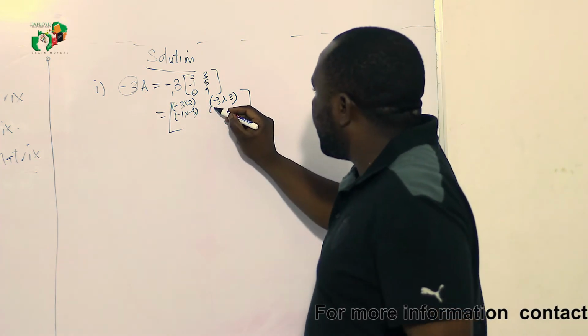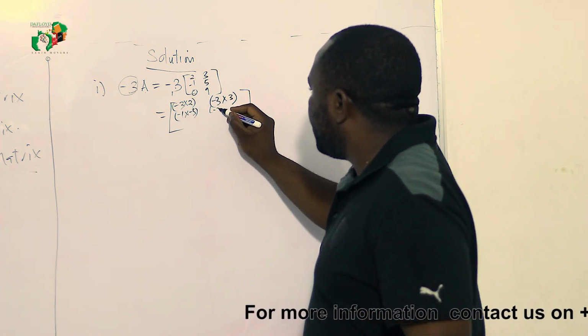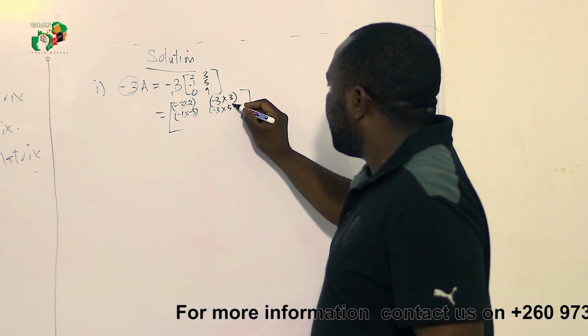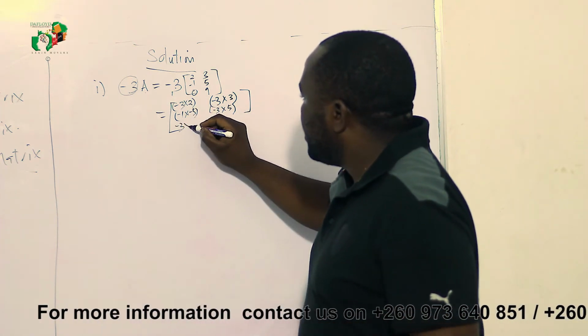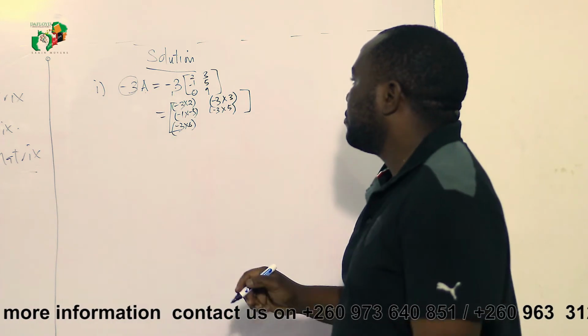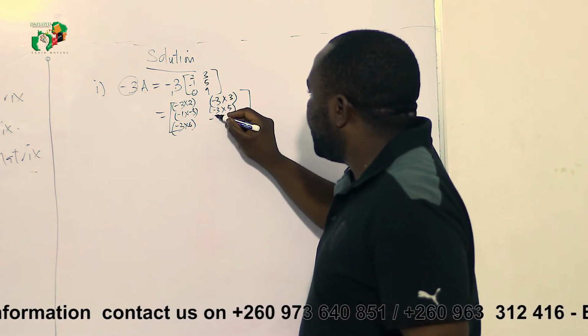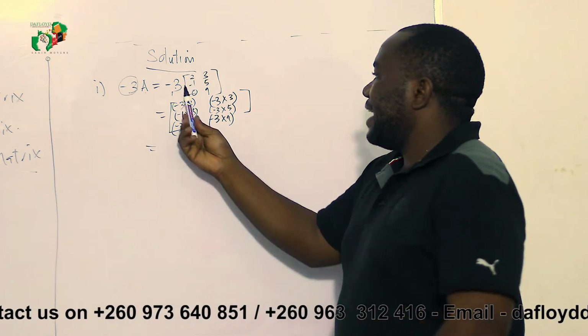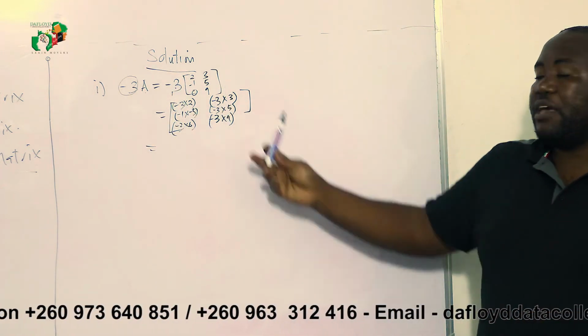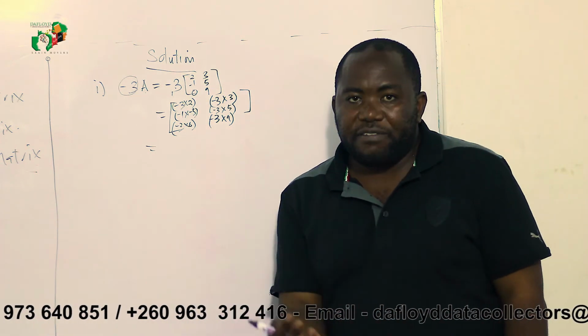Then we say negative 3 times 5, and also negative 3 times 0 and negative 3 times 9. So a scalar has multiplied every element in a given matrix.